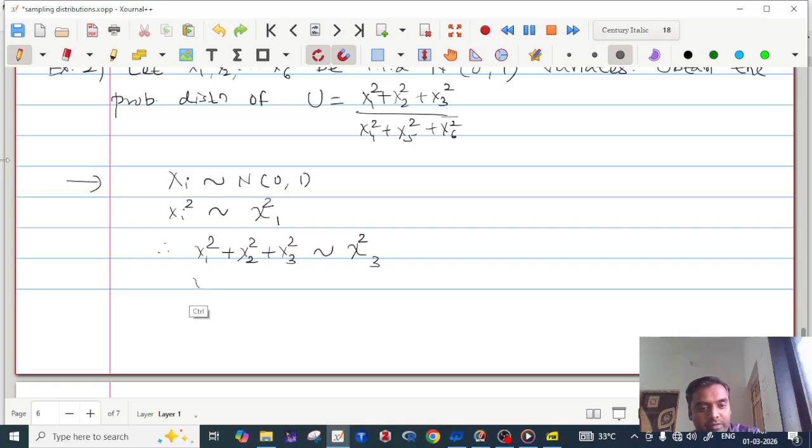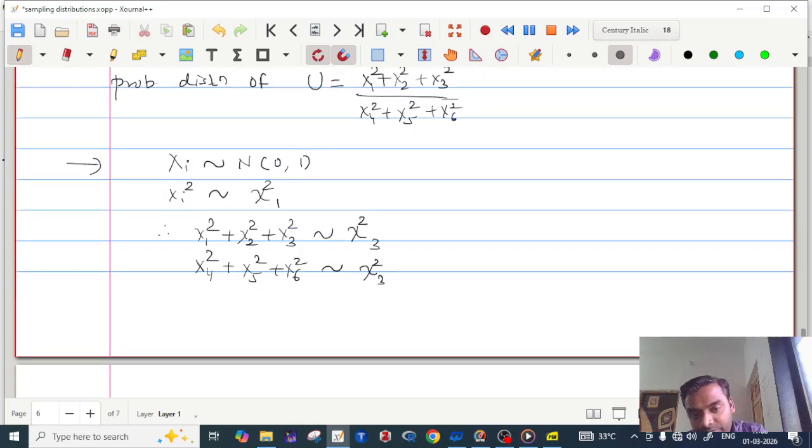And x4 squared plus x5 squared has distribution chi-square 2. Here if you observe, this is the ratio of two chi-squares. And we have seen the definition of the F distribution. If you divide each chi-square variate by its corresponding degrees of freedom, then it will be F.